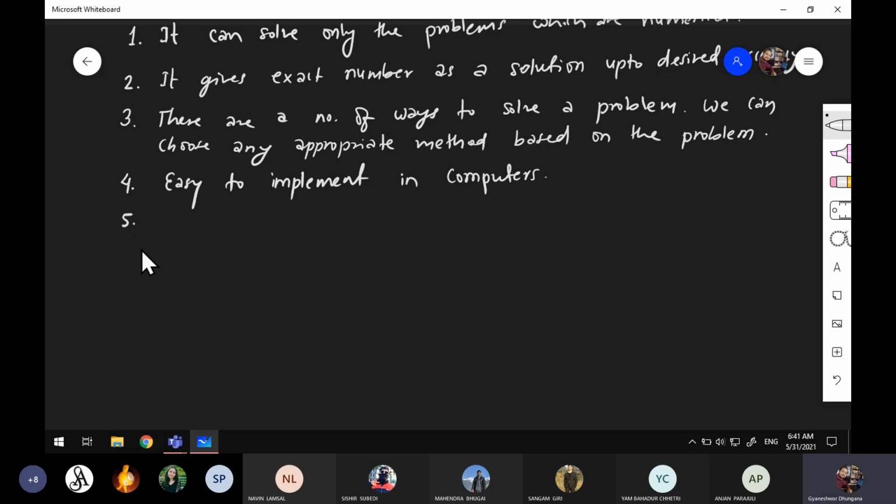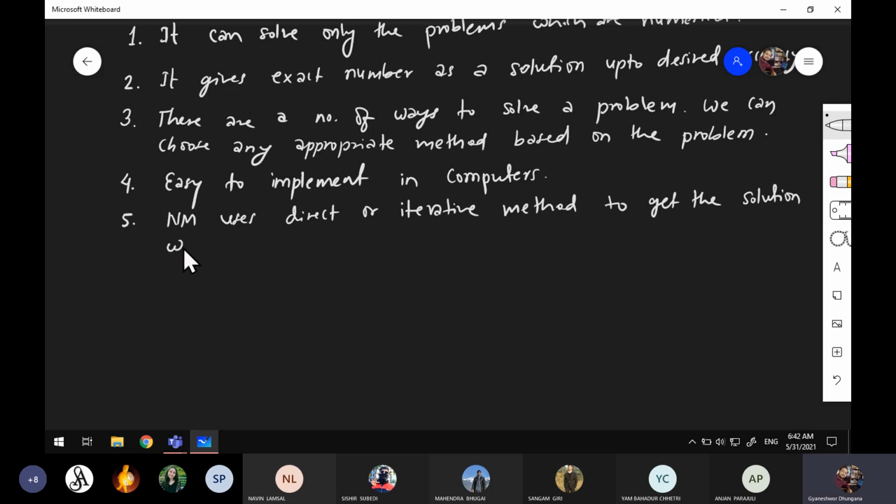And the last one is it uses direct or iterative methods to get answers within a desired time limit. Okay, so a numerical method uses direct or iterative methods to get the solution or the final answer within the desired time limit.